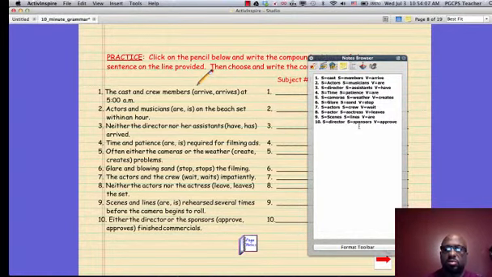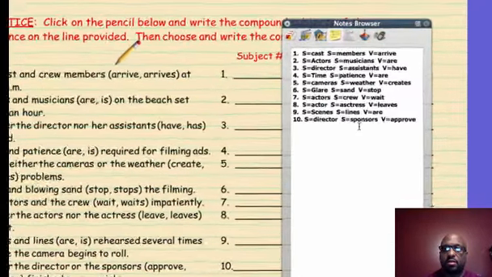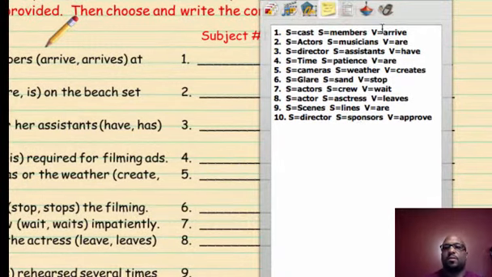Let's see if I can zoom in on this so you can see a little bit better. So this is showing you here how each question, whether the subject is the first subject versus the second subject, and which verb you would use. So again, you can use this to check your previous work to see if you got the answers correct.